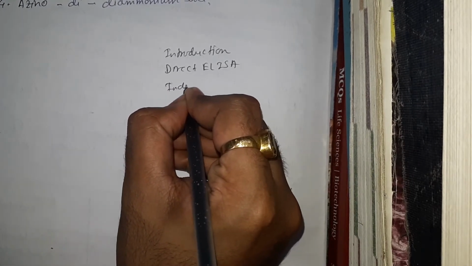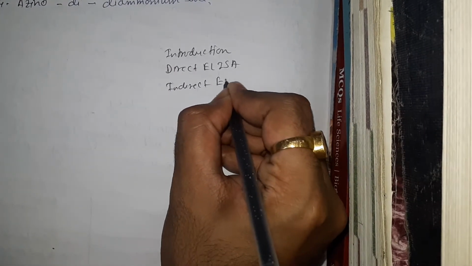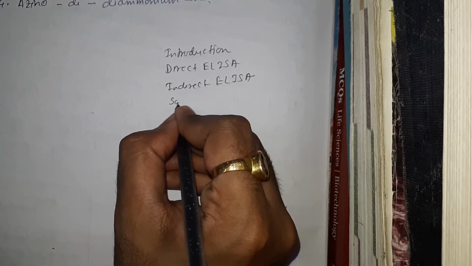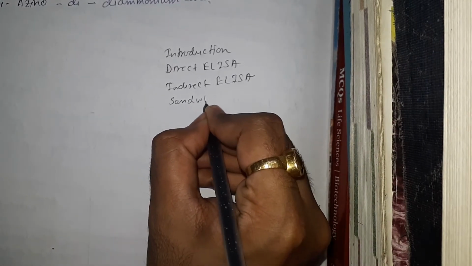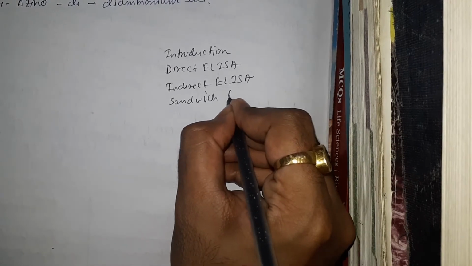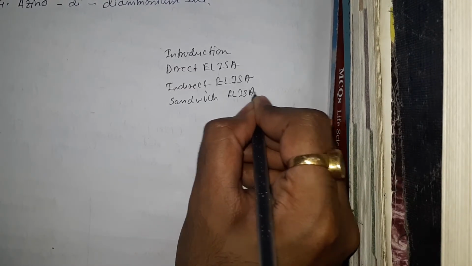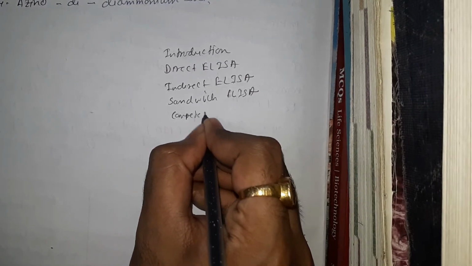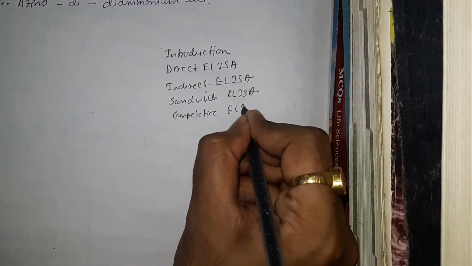What are its advantages and disadvantages? Then we are going to talk about indirect ELISA, then sandwich ELISA, and at last competitive ELISA. So we are going to discuss these in 5 videos in this lecture series one by one.